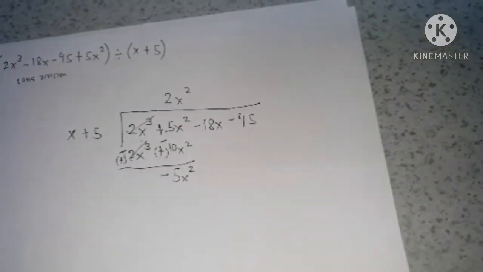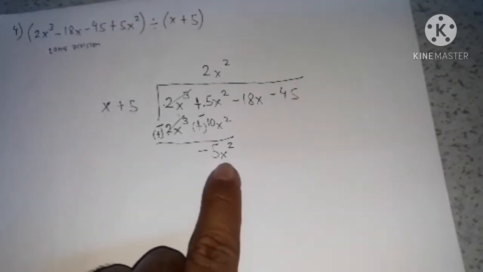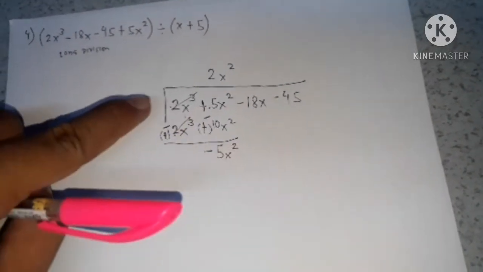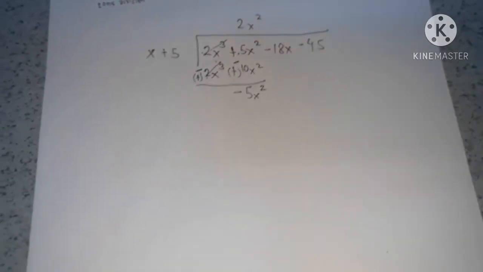Ayan, so paano na siya naging negative 5x squared? Kopyahin na lang natin yung variable sa exponent niya. I-resolve natin na yung numerical coefficients. So you have negative 10 plus positive 5.